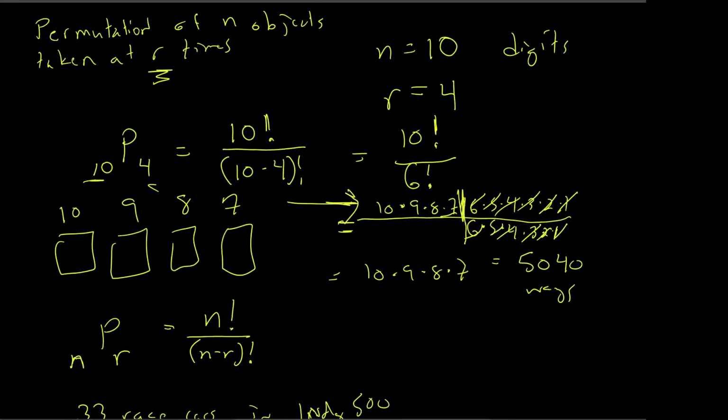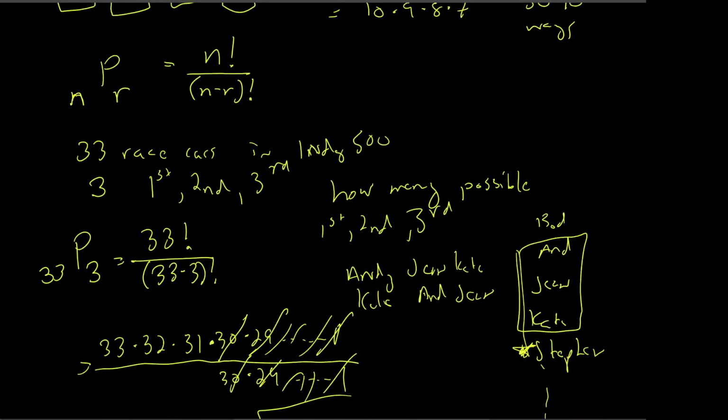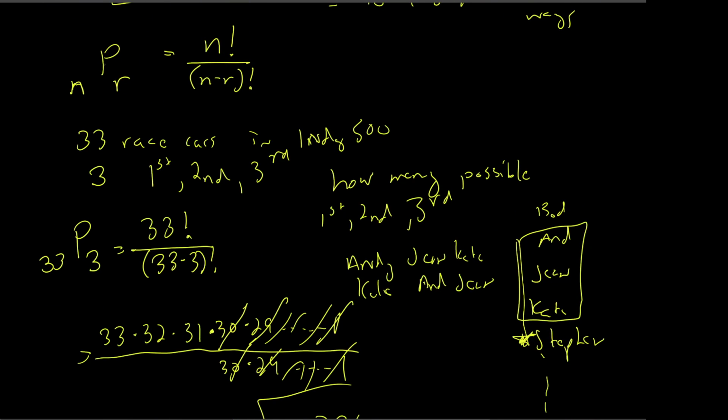When we want the number of permutations when we choose a distinct amount from that, right? And I always kind of say this, n pick r, right? I have 33 things, I pick 3 of them. Well, how many different patterns of those 3 things can we get? And that's n factorial over n minus r factorial. And so those are permutations.